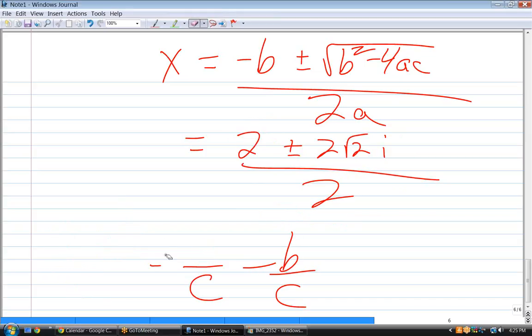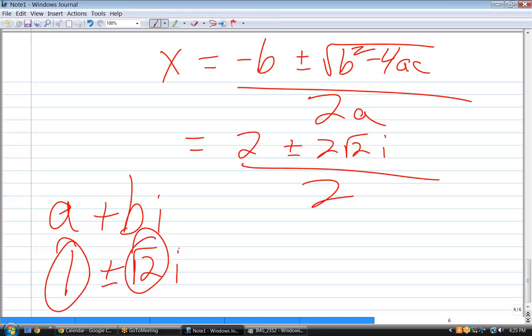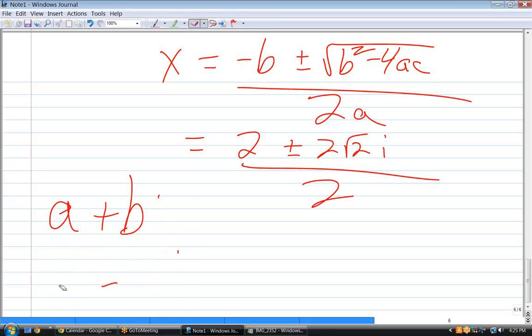In other words, our answer does have a real part to it. It's just a complex number. But usually you want to put complex numbers in a plus bi. Well, this one is 1 plus root 2 i, plus or minus. So a is 1, b is root 2, and then I have the imaginary part.